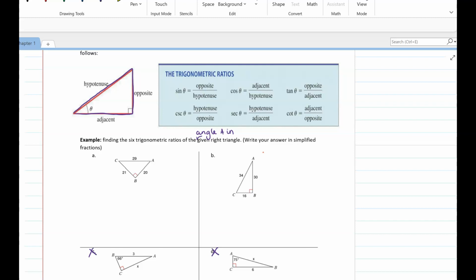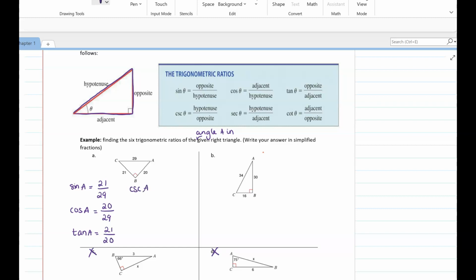So sine of A equals the opposite divided by the hypotenuse. Cosine of A equals the adjacent divided by the hypotenuse. Tangent of A equals the opposite divided by the adjacent.